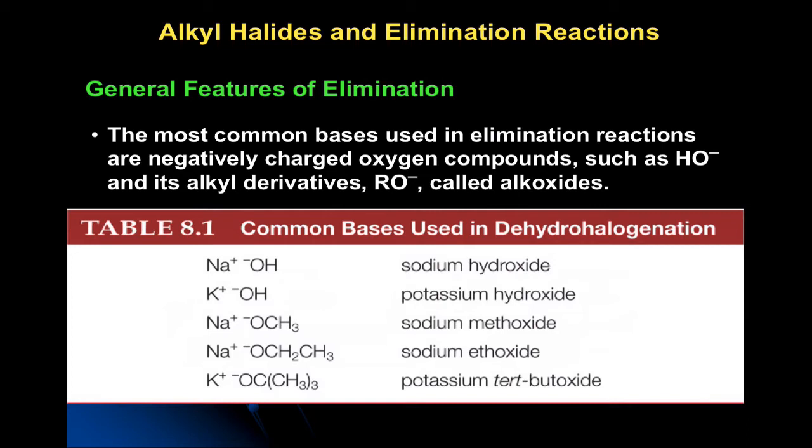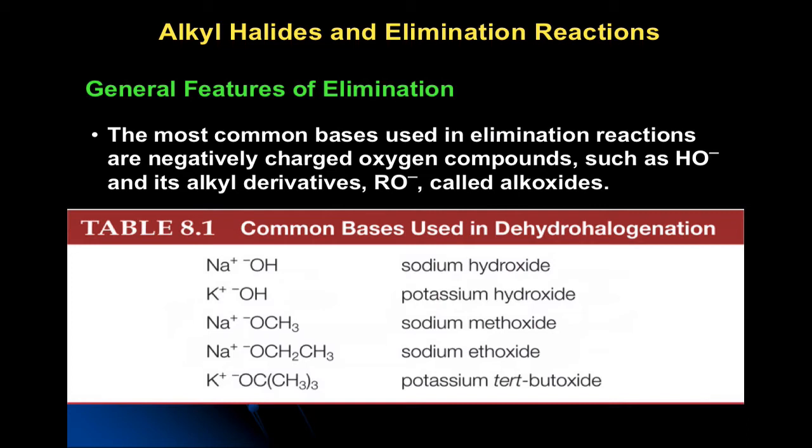But we learned last chapter that you can take sodium methoxide or sodium ethoxide with a primary alkyl halide and make an ether through an SN2 reaction. The name of that reaction was the Williamson ether synthesis. A primary alkyl halide plus an alkoxide from a primary alcohol typically does substitution chemistry.